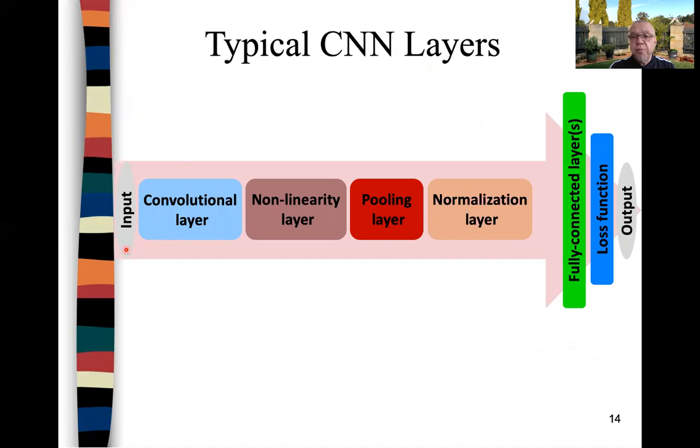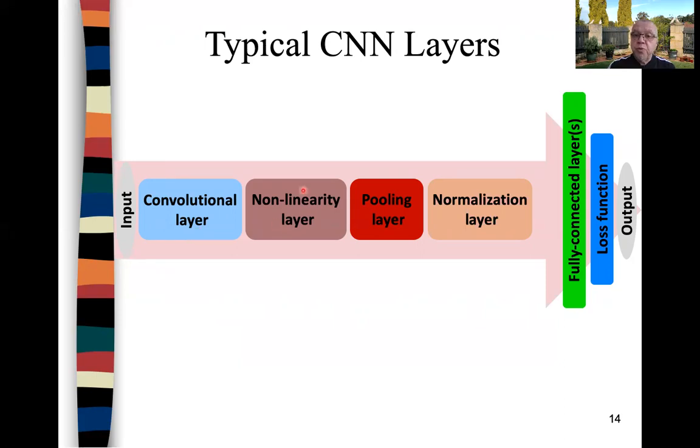So you have your input image, and this is your output, but between them you have the convolutional layer, okay? You have the nonlinearity layer. This is similar to the activation in the multi-layer perceptron, where we had a sigmoid, which is a nonlinear function that would allow us to perform classification for non-convex regions in the feature space.